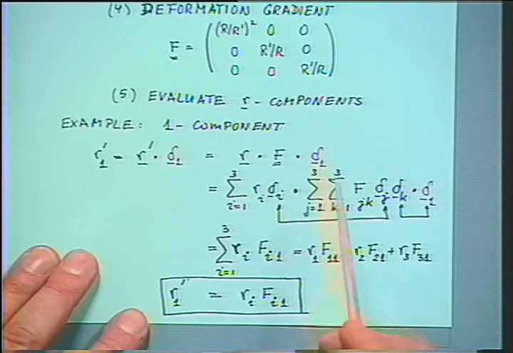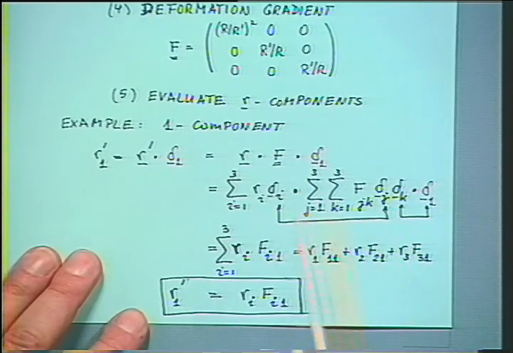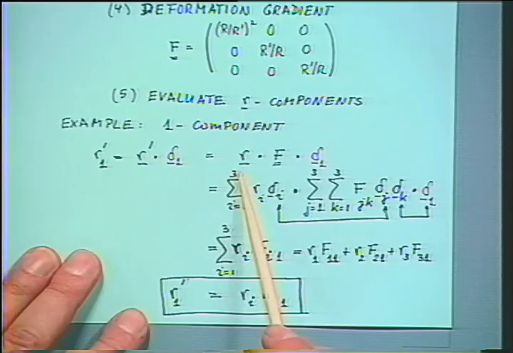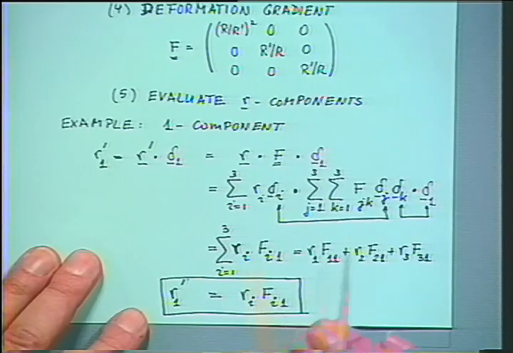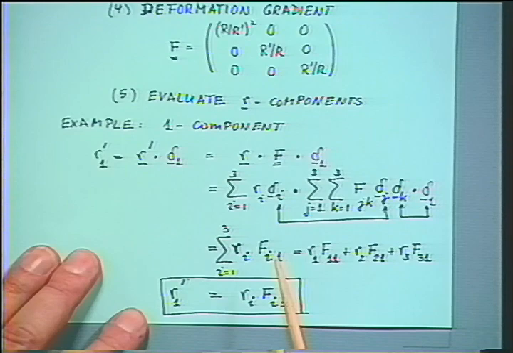Now, in component notation, we can express R as the summation of Ri delta i, where i goes from 1 to 3. I want to specify that notation just once with you. This is just to give you an example for the notation which is used by Bird, Armstrong, and Hassager in their book. So vector R is represented by Ri components multiplied with delta i.